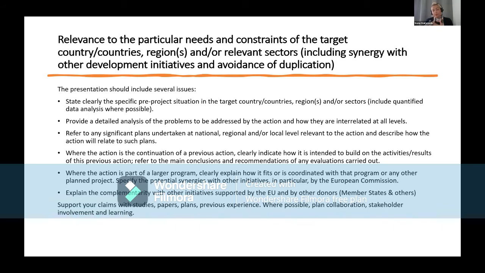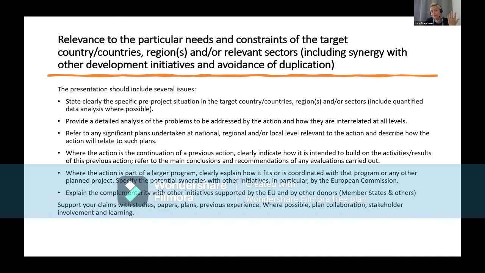If you're proposing the action which is a continuation of a previous action, you should clearly indicate how it is intended to build on the activities and the results of this previous action. You should refer to the main conclusions and recommendations if there were any evaluation carried out for this previous project.